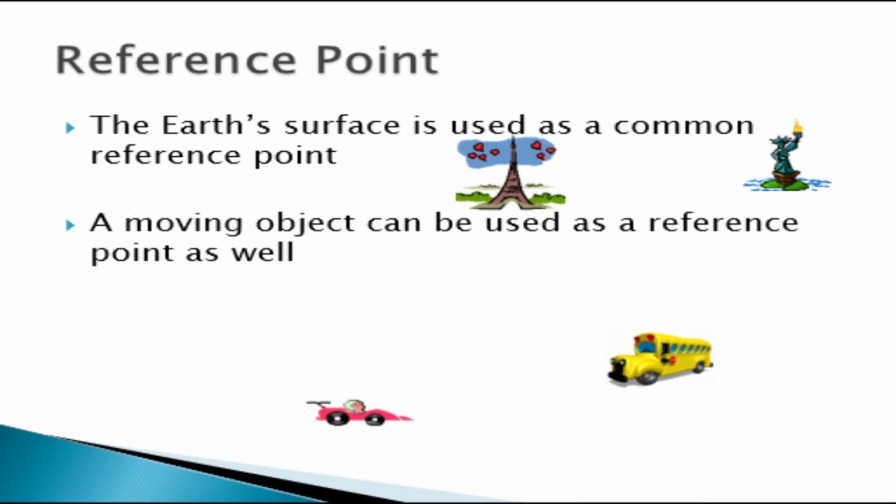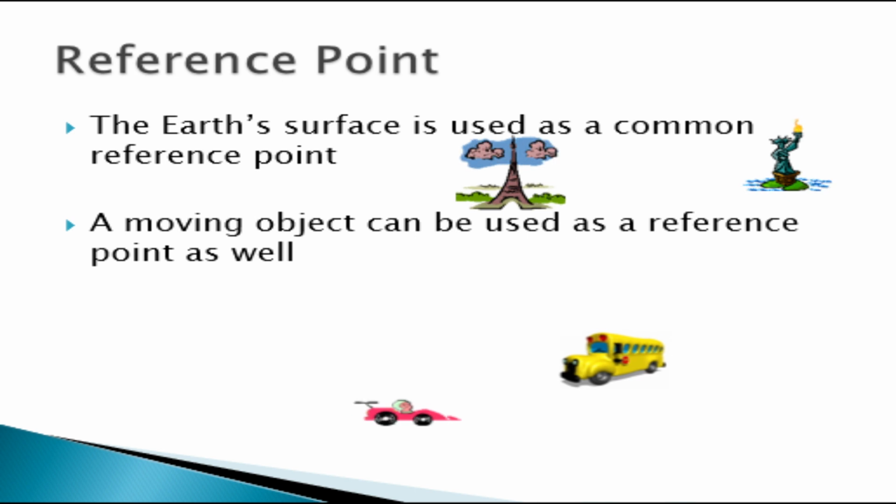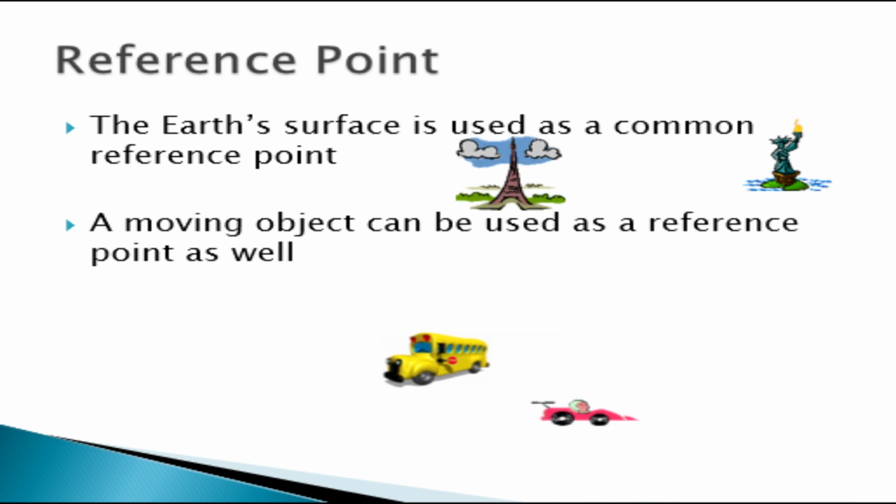But if your reference point is the bus, even though the bus traveled for how far, you are not in motion because you are riding the bus and you are not changing your position. Sometimes reference points are also moving objects such as cars, boats, airplane, or any moving object.